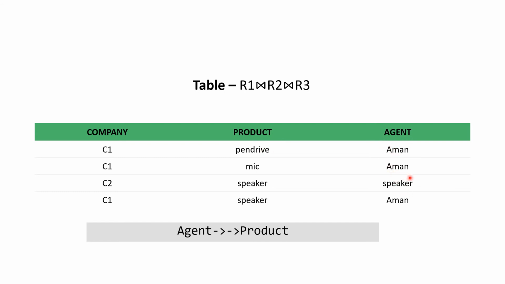The multi specialty is in agent, so we have written this on the left side, and the right side will be the single thing that is determined. Here one agent is determining multiple products, so that's why the multi-determines sign comes.